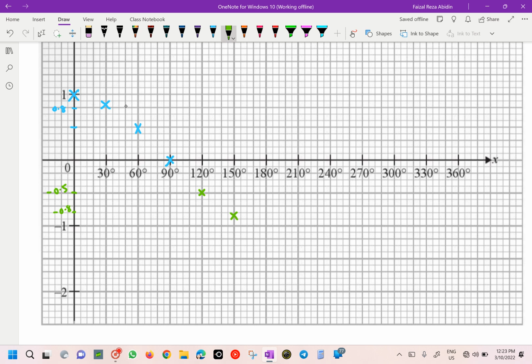180, we are going to get negative 1. And then you are going to get back negative 0.87. And then negative 0.5. Then you are going to get 0 back. After that, 300, 0.5, 330, 0.87, 360, we are going to get 1. Okay.